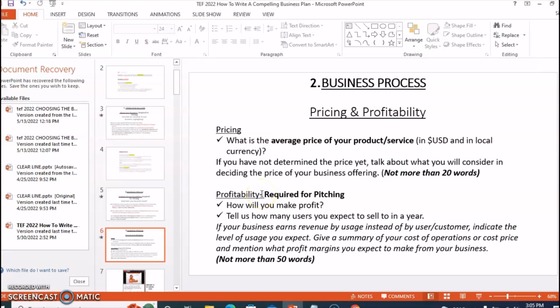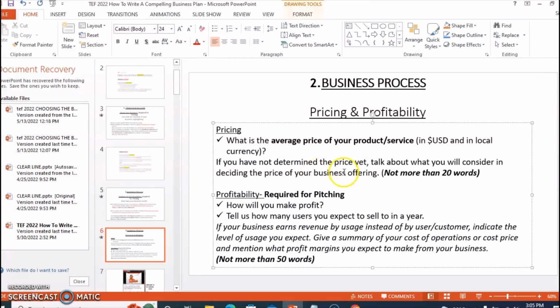Okay, so that's it about the pricing. You just have to make sure that the conversions are done correctly, because they're expecting the price to be in dollars and in your local currency, and that if you don't have the price yet, you state what you will consider in doing the pricing.